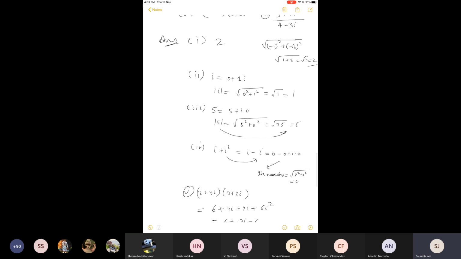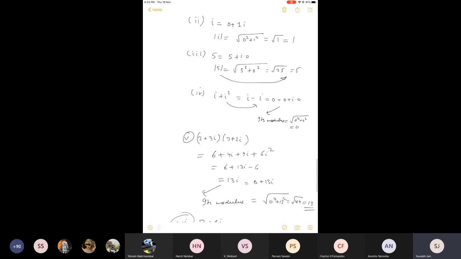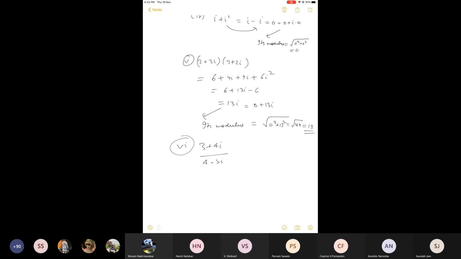Last part. Sixth one. 1. Correct. Good. 1 is the answer. So what we should do in this question, we should first rationalize it, express it in the form of a plus iota b, and then find its modulus.